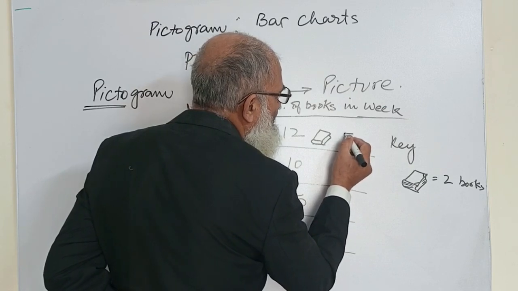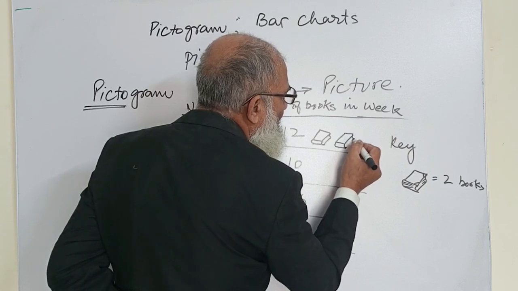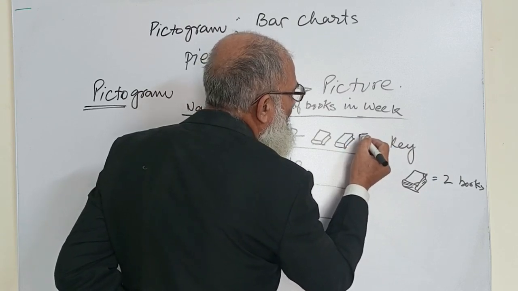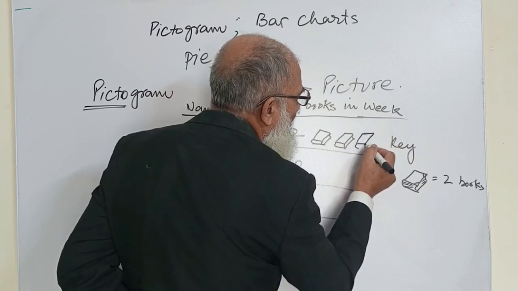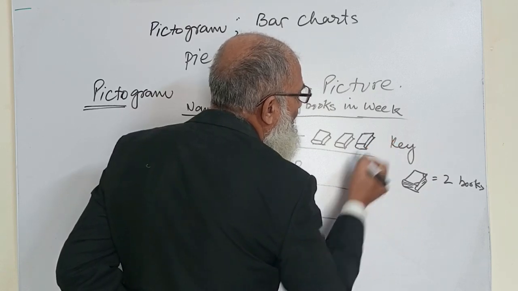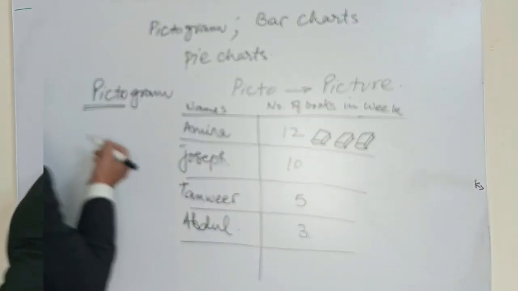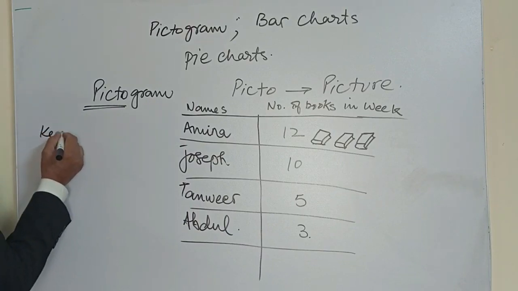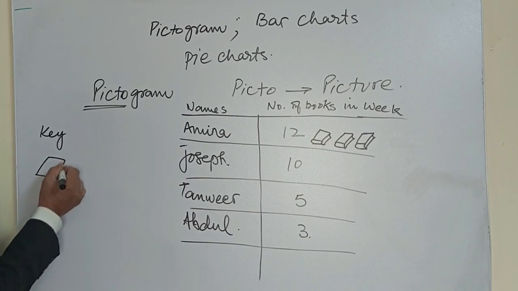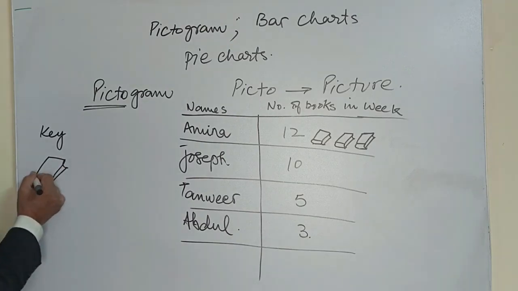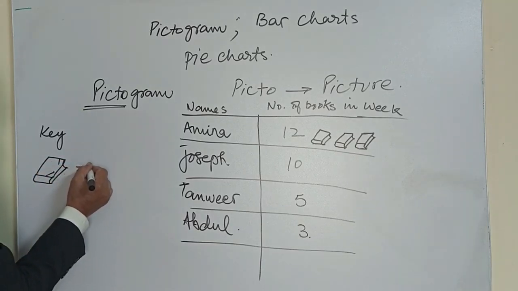One, two, three. Now I will write the key over here. One book will represent two books.